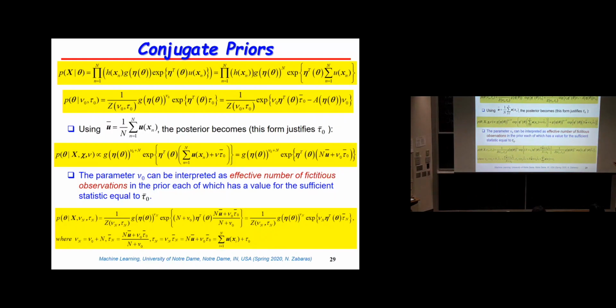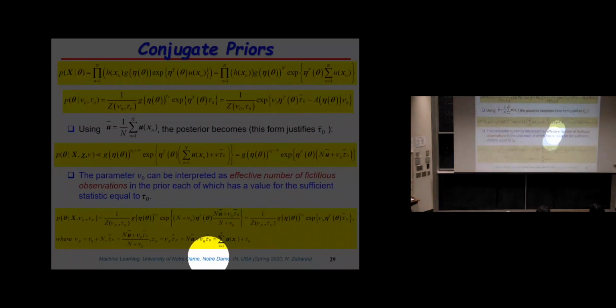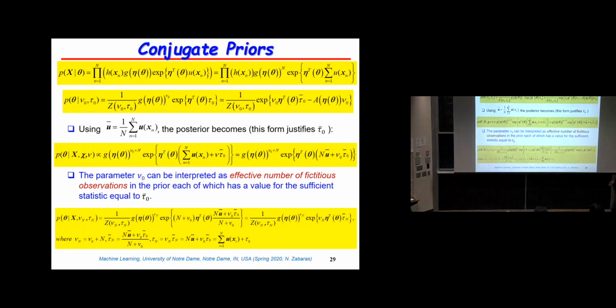These prior coefficients, nu 0, tau 0 bar, are all updated. And what you see on the bottom are tau bar subscript n and nu subscript n, so nu 0 changes to the total number of counts.